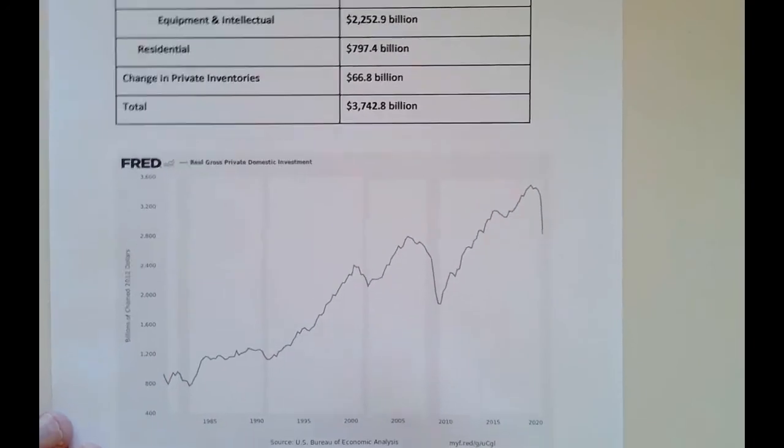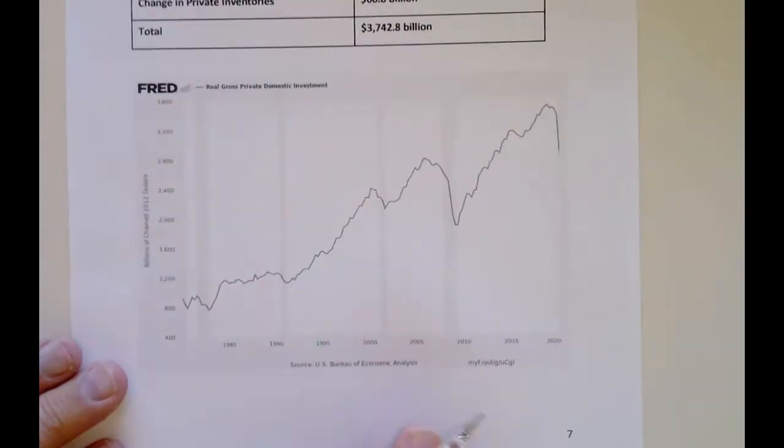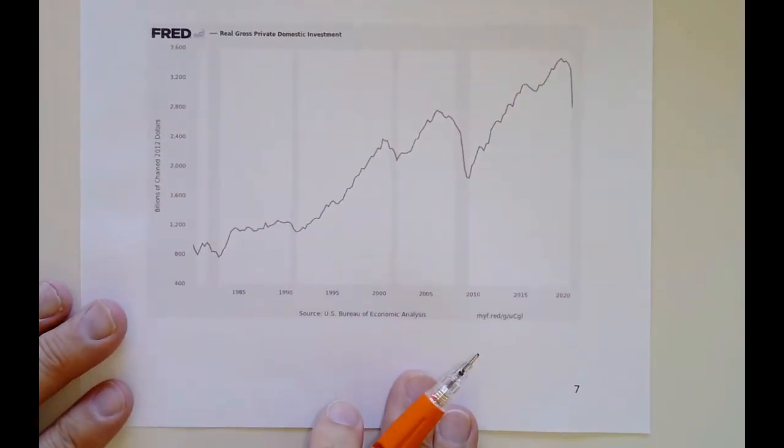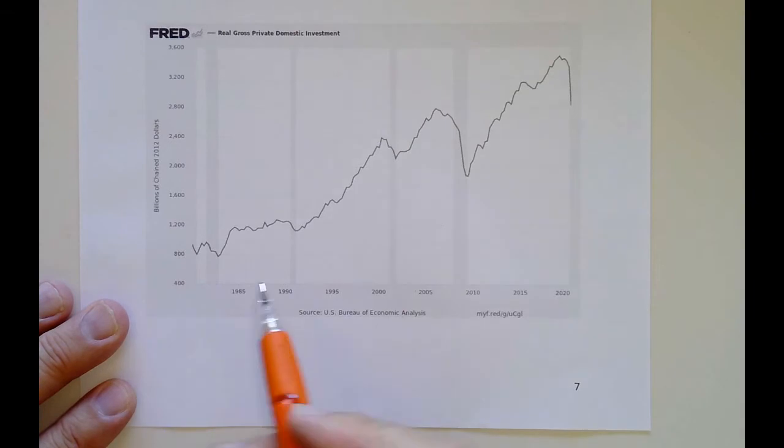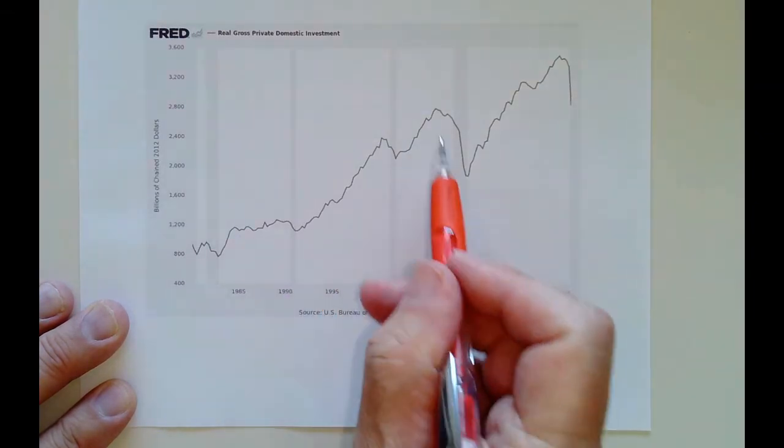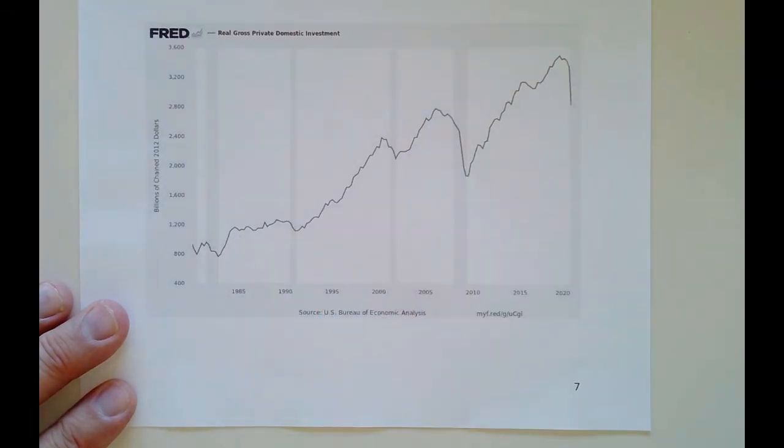Down here we have investment going back to 1980 again, and you can see it gyrates quite a bit as well. Of the main categories in GDP, this might be the most volatile one that changes a lot. Just like with consumer spending on durables, business does not need to invest if things are not going well.